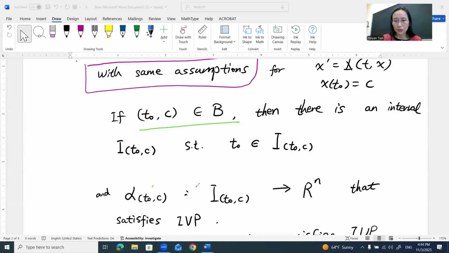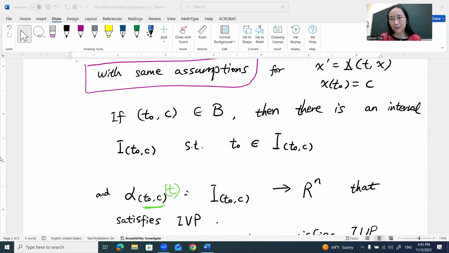And the conclusion right now we're getting is there exists a largest possible time interval where the solution curve is defined on. And this alpha is just a notation to indicate that this is a solution curve as a function of t, but satisfying this initial data.